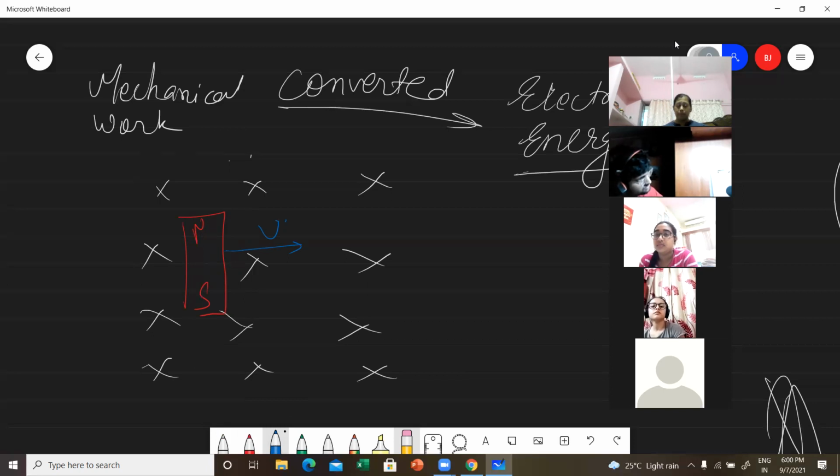This is just a simple conductor. Suppose I say Himang is a conductor. I put Himang in the magnetic field and push Himang like this. Now Himang becomes energized.